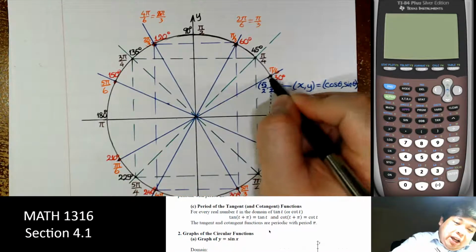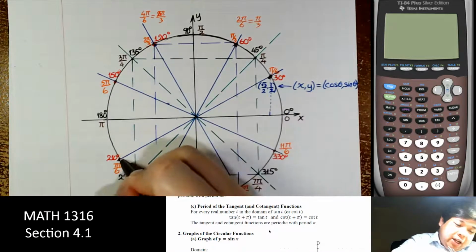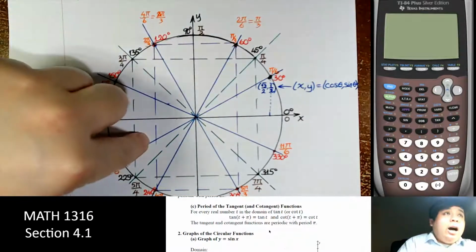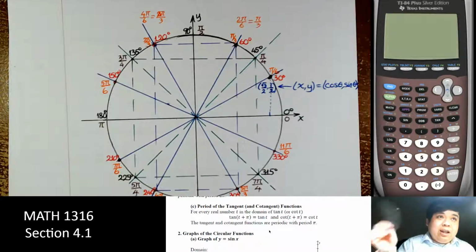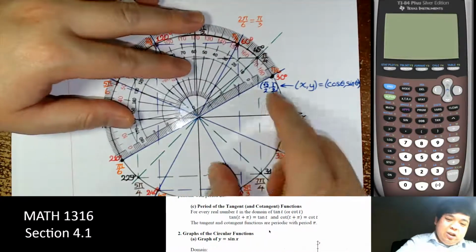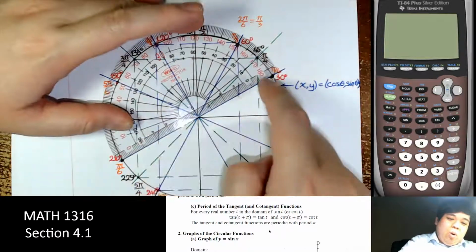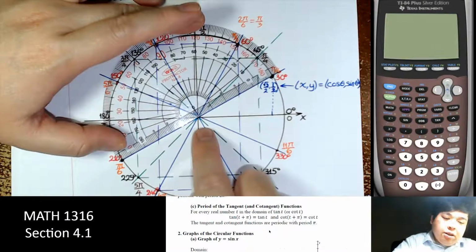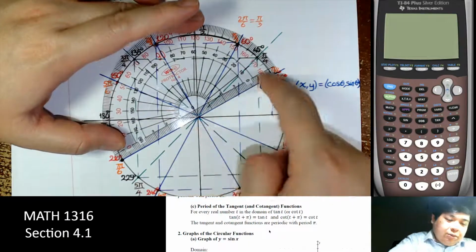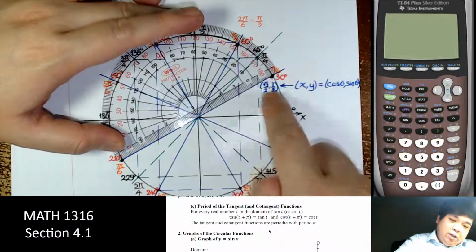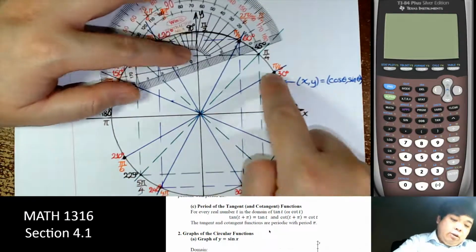Now, consider this point and this point. On the protractor here, what we go is 180 degrees, from here to there. So 180 degrees or pi from here to here.